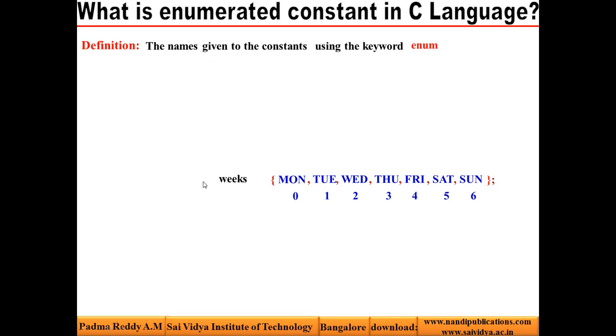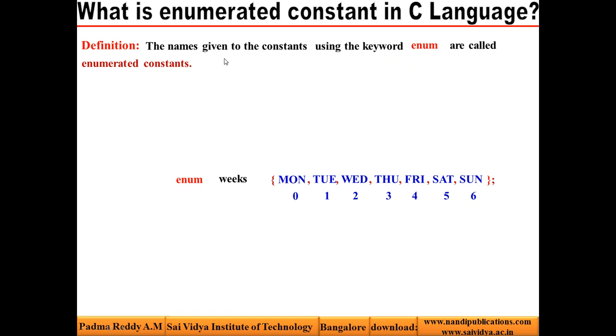So here we have to write enum. These are all the names given to the constants using the keyword enum. So these names are called enumerated constants.